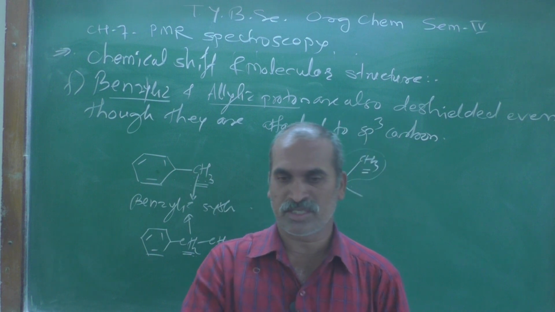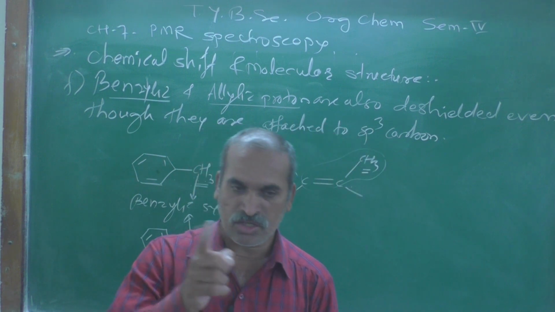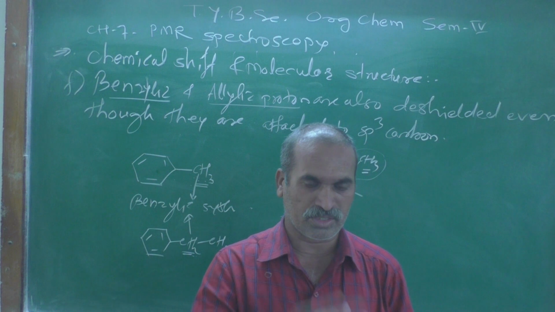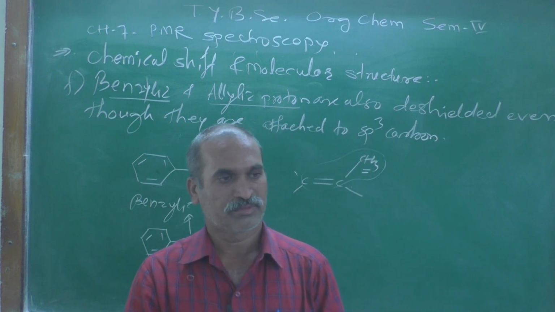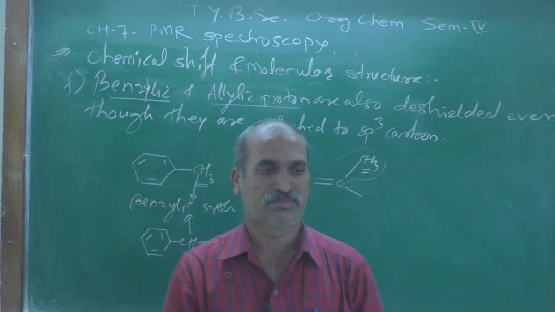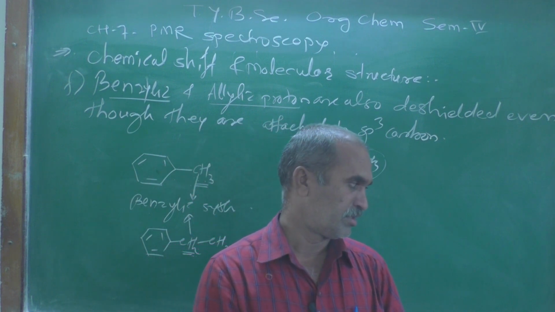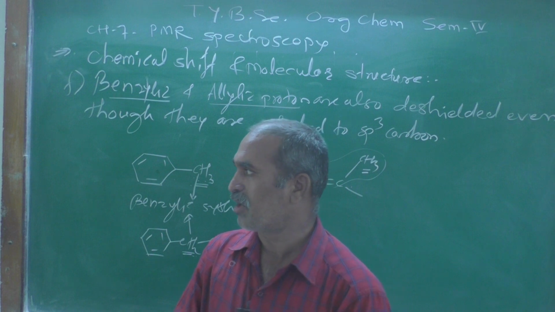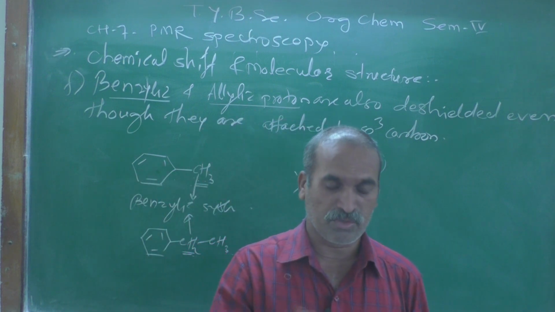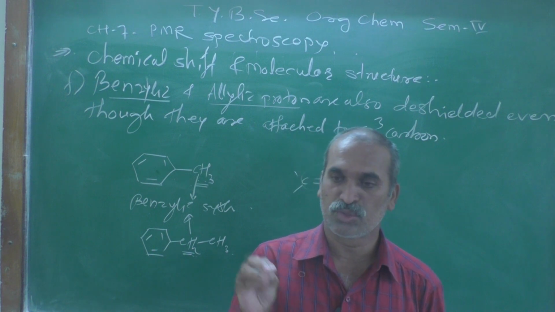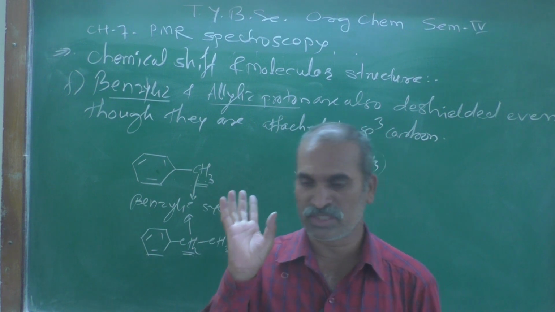And enone system means what? Along with the carbon-carbon double bond, there is a carbonyl group present in conjugation, meaning the double bond should be present at the alpha and beta position. This is an alpha beta unsaturated carbonyl compound, also referred to as the enone system.